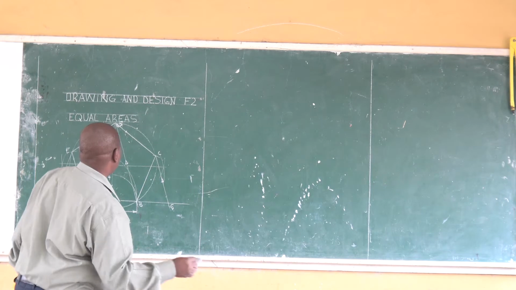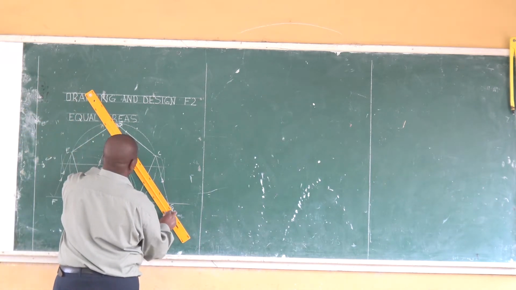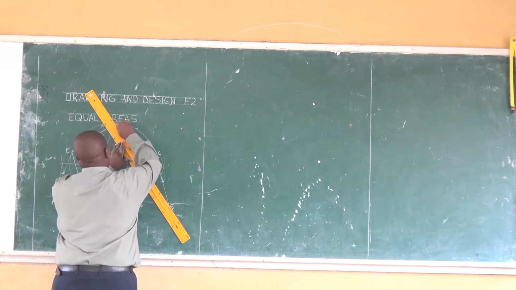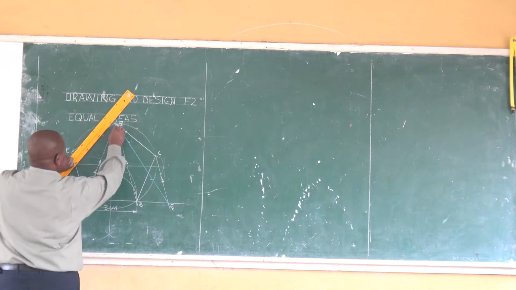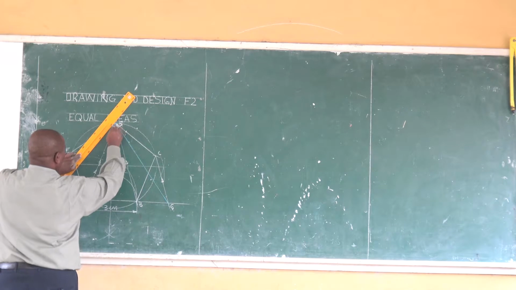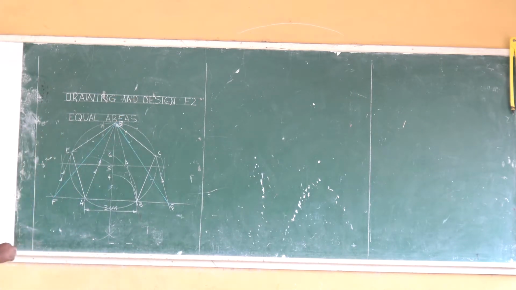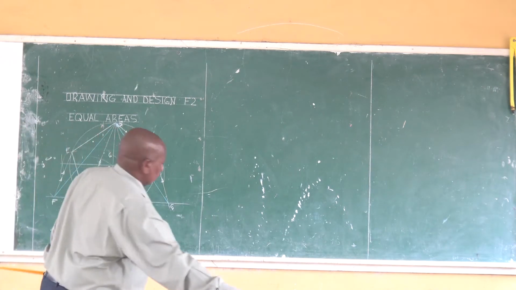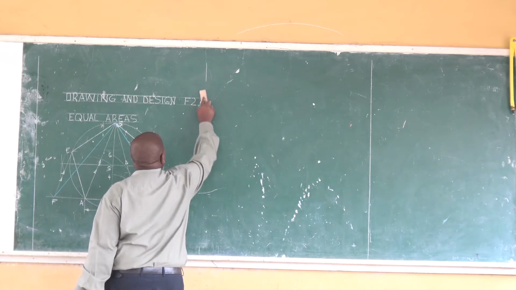When you join D and G, you get triangle DFG, which is equal in area to the original pentagon. The original pentagon and the triangle are equal in area.